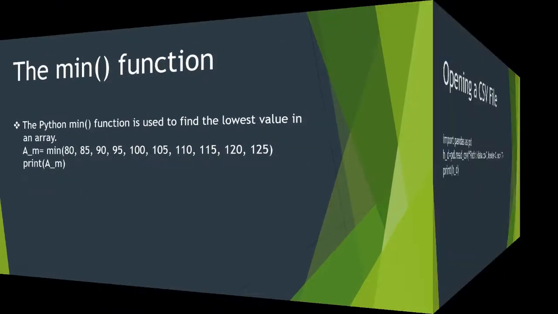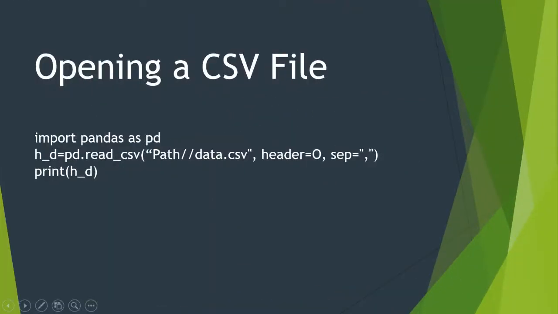And then opening a CSV file. I think I have uploaded a video on this. We are again importing the module pandas, and then we are giving the read_csv predefined function.